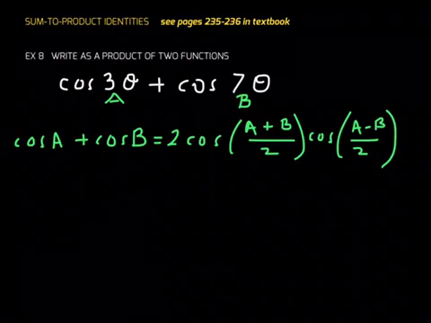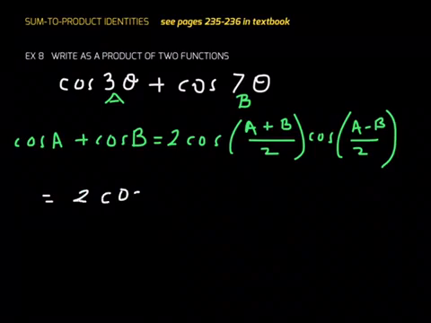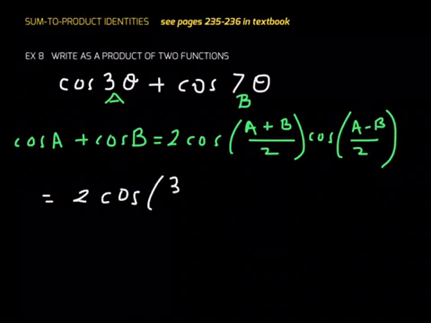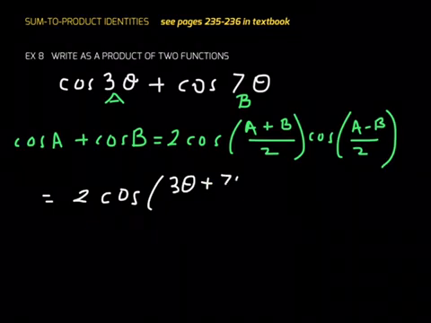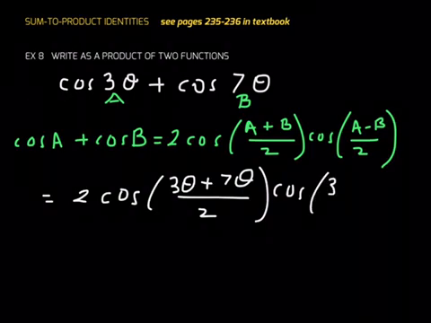Hopefully that's clear. So this is equal to 2 times cosine of (3 theta plus 7 theta) over 2 times cosine of (3 theta minus 7 theta) over 2.